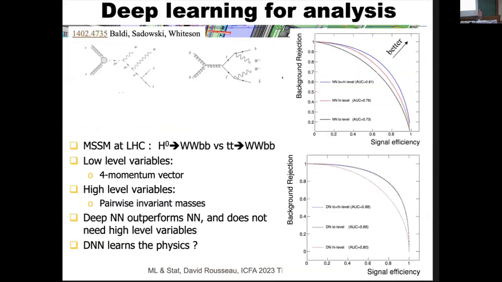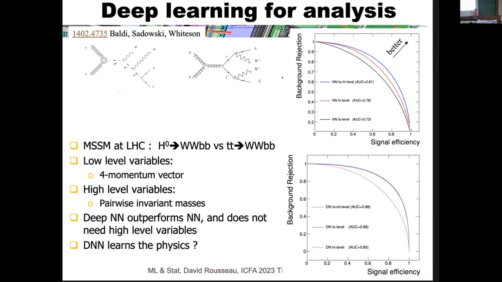So the first paper on this, from Sadowski and Whiteson, is already from 2014, so it's quite some time ago. It's a simple case where they want, as an example, to separate a heavy Higgs decaying to WWbb from the t tbar top production, which is very abundant at the LHC, with the same final states but different kinematics.